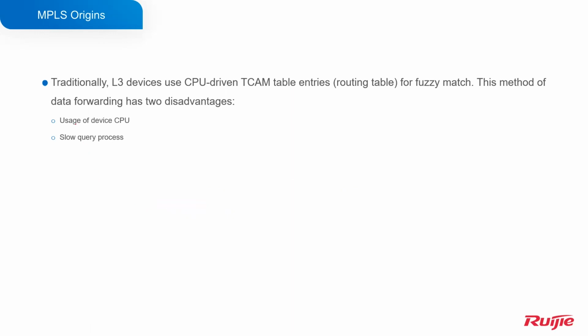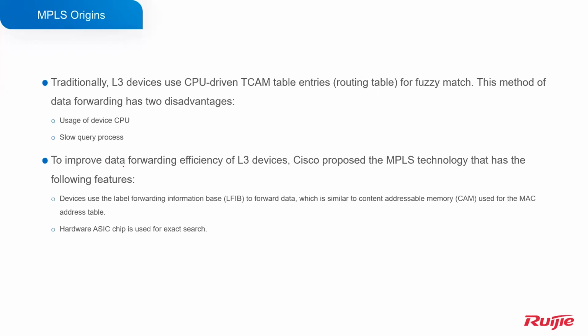The first is a higher usage of the device CPU, and it also provides a slow query process. That's why in a bigger network, if your network device performance is not so good, the network delay increases. To improve the data forwarding efficiency of layer 3 devices, Cisco proposed MPLS technology.